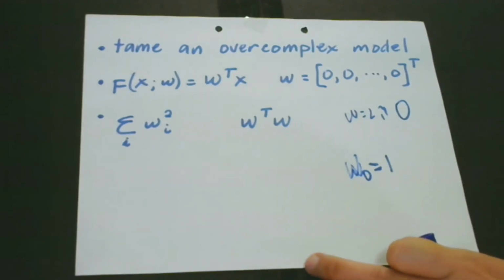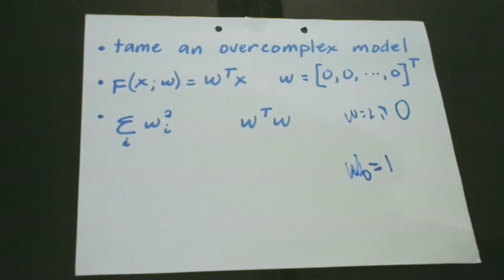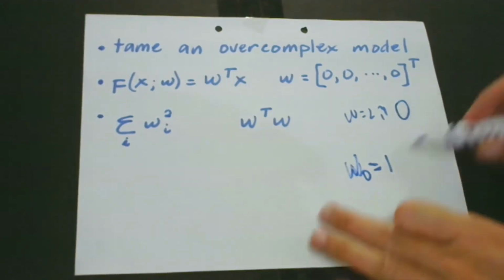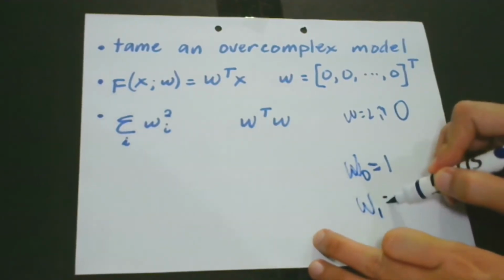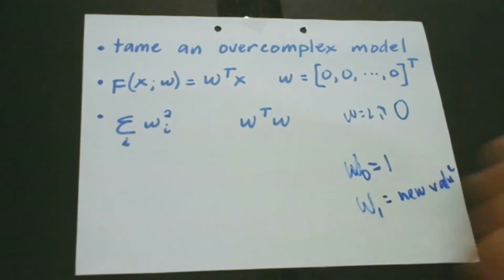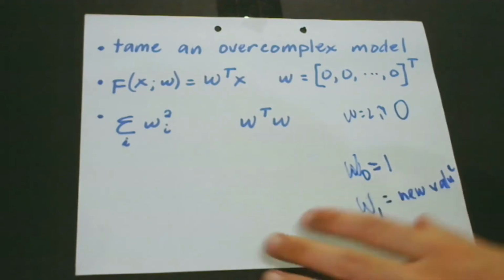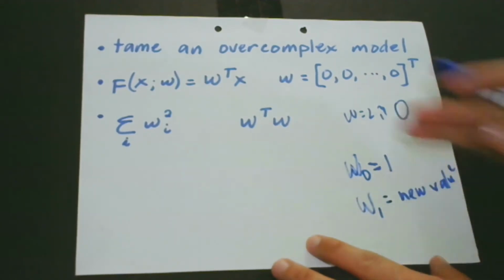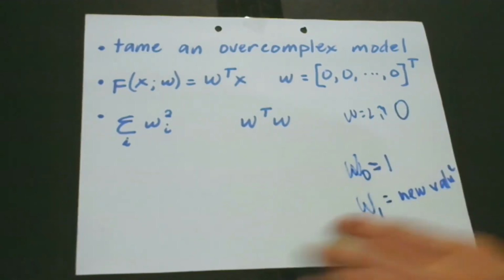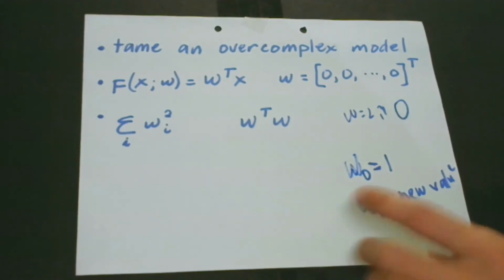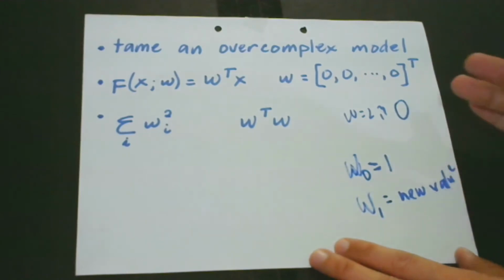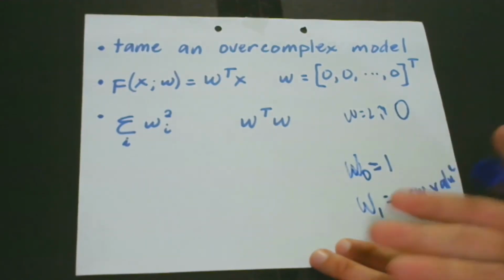Along with this new value of w0, which is 1, we can also give w1 a new value, for example 2. What do you think will happen if the case is like this? We have a new non-zero value for w0, and of course a new non-zero value for w1. As you can see, we now have a model which is more complex.